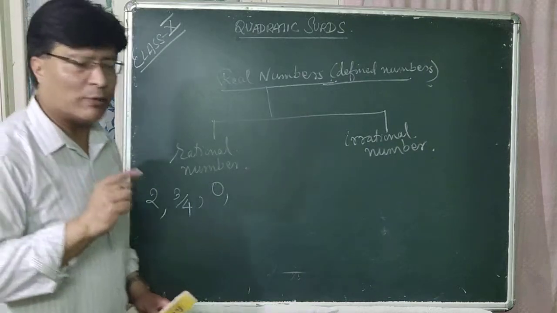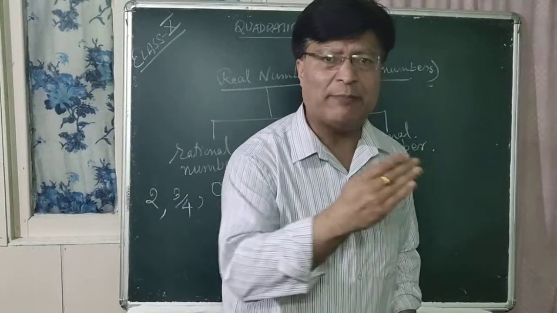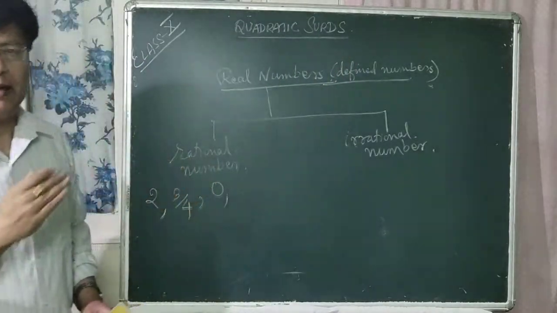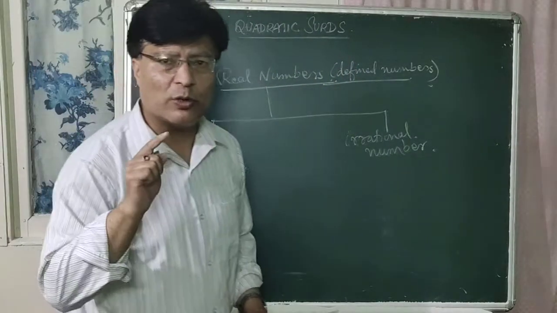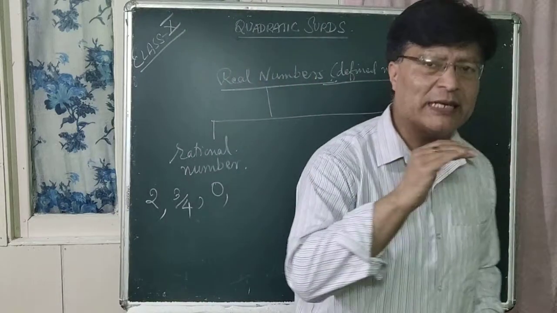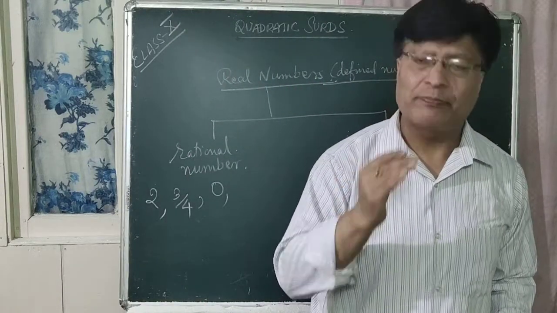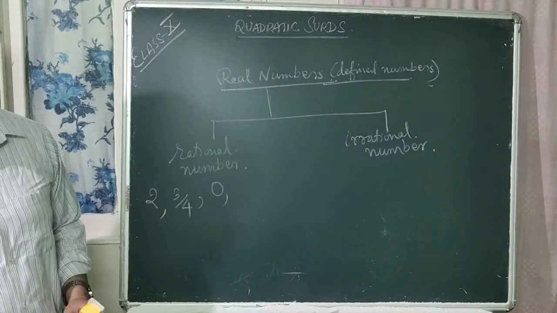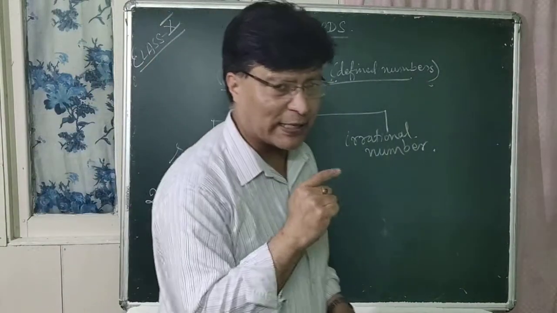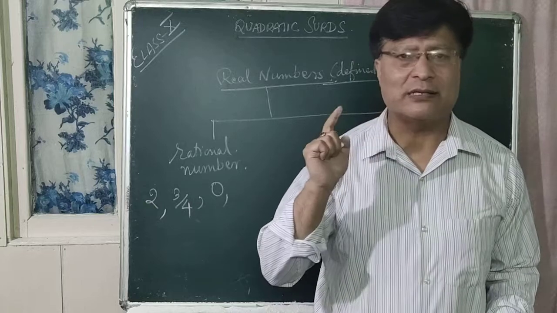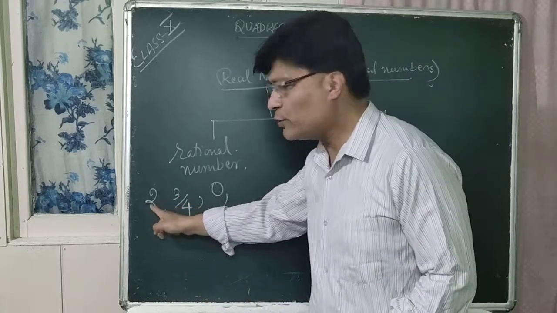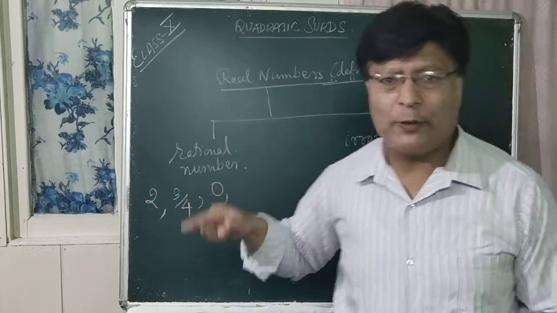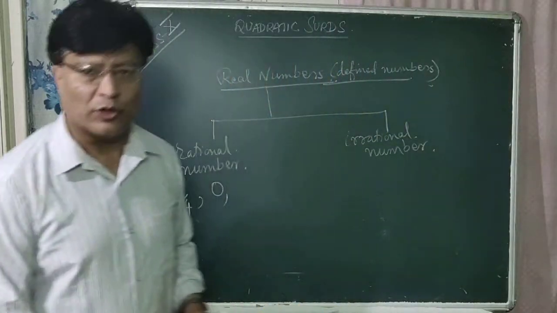So any number which can be written in the form P by Q, where Q is not equal to 0 and P and Q are prime to each other. Prime to each other means P and Q have no common factors. That type of number, P by Q, is known as a rational number. So here it is only 2, but actually below 2 there is 1. So 2 upon 1 is a rational number.